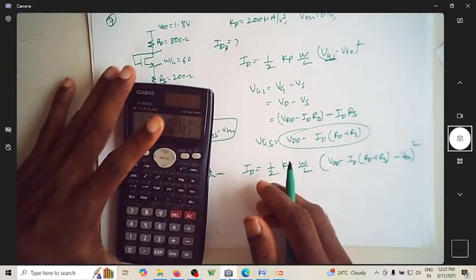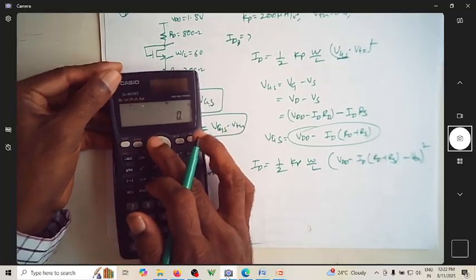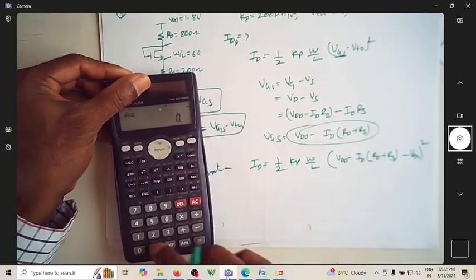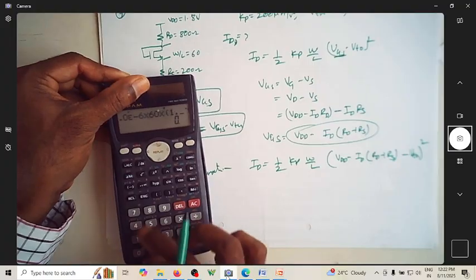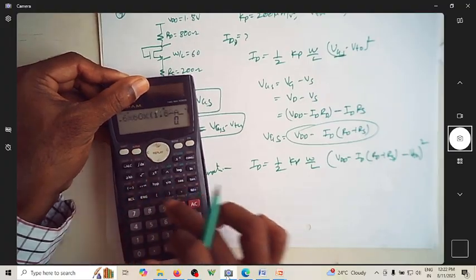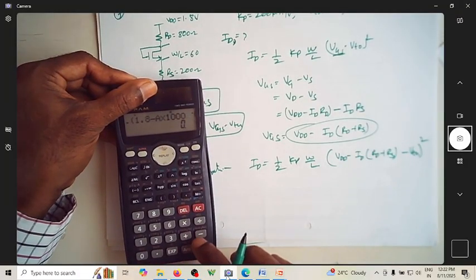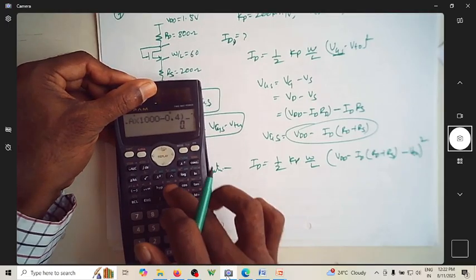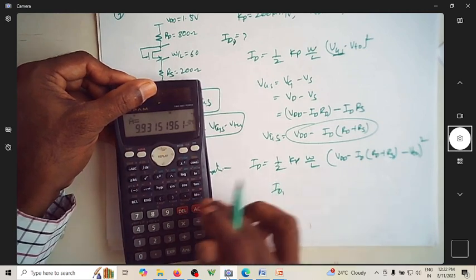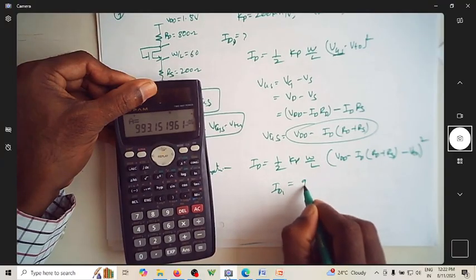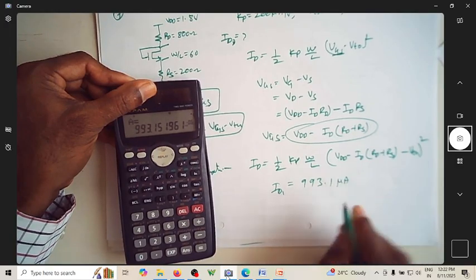Again I'll get two different values of ID because it's a part of a quadratic equation. So it is now alpha equals 100 exponential minus 6 into 60 into (1.8 minus alpha A into 1000) minus 0.4, whole square, shift cal. So again ID1 is 993.11 microampere.